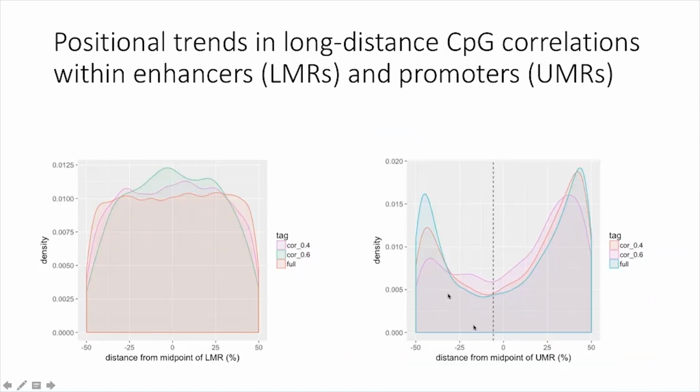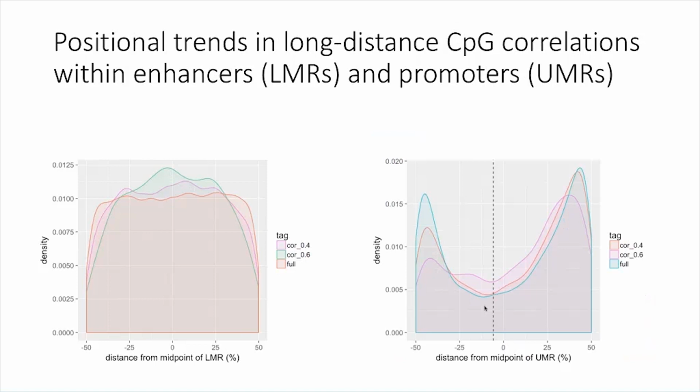But even now we can already start to ask questions about how coordinated methylation events that are within loops behave. And what we see is that in enhancers that are low methylated regions, the highest correlated CpG sites are close to the midpoint of the enhancer, whereas in promoters that are relatively unmethylated, the highest correlations are seen at the edges of the promoter regions, and this is because the midpoints of promoters are relatively non-dynamic, close to zero methylation.